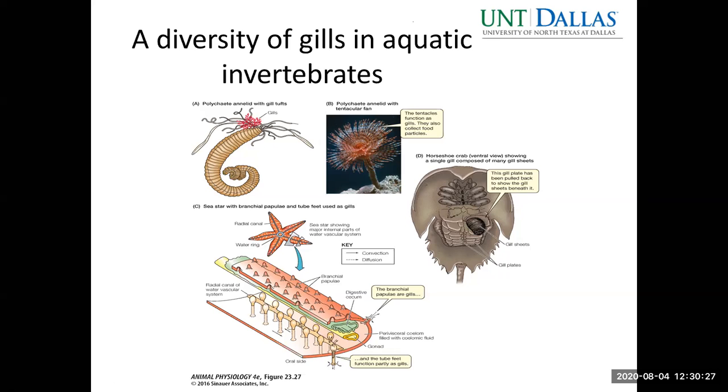The gills are feathery structures, as you can see here in figure C, that follow the unusual molluscan plan of being positioned in the mantle. They are ventilated, however, by muscular contraction rather than by beating of cilia.